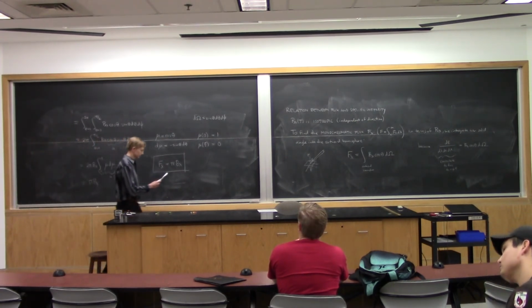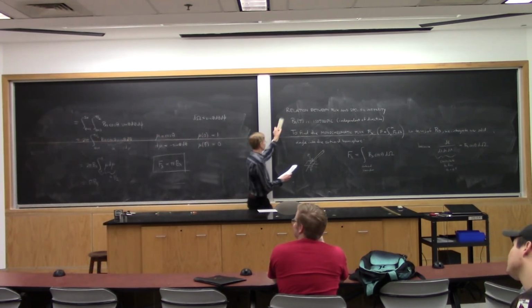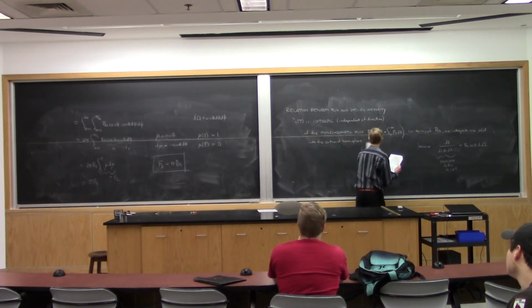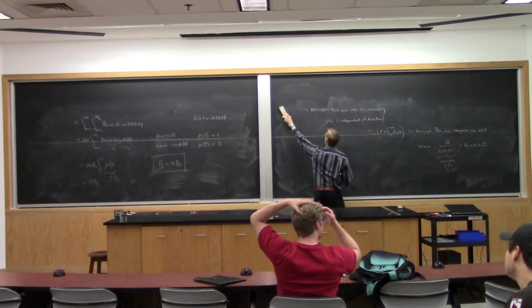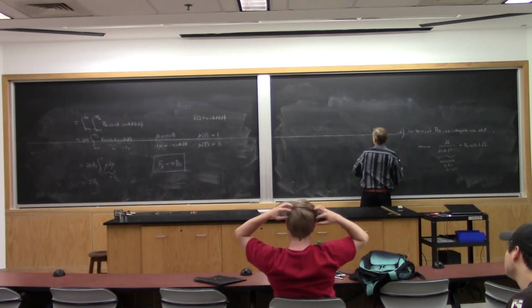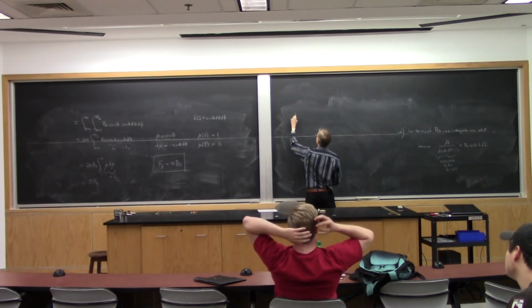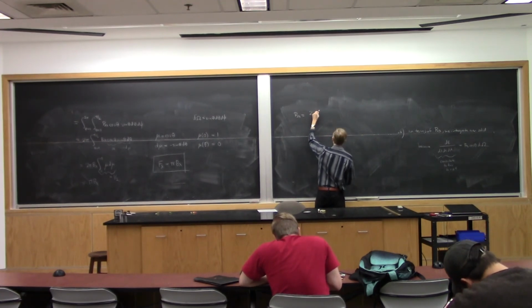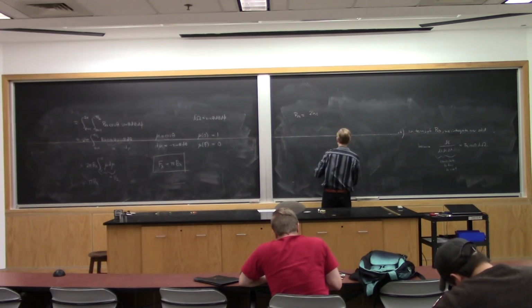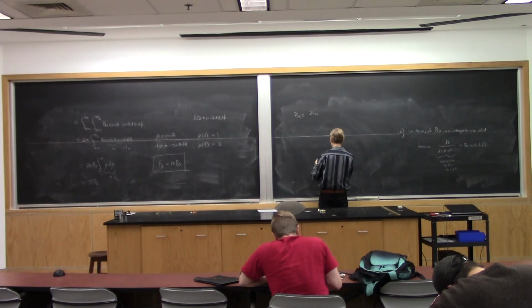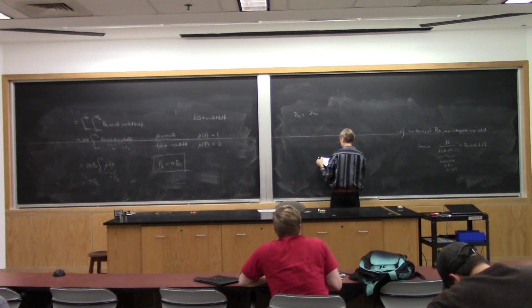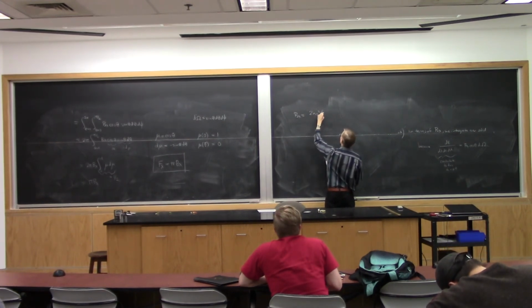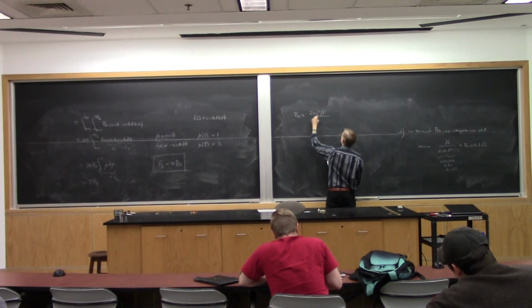And so, a couple things and then we'll be done. So we've said that B lambda is 2hc squared over lambda to the 5th, over e to the hc over lambda kT minus 1.